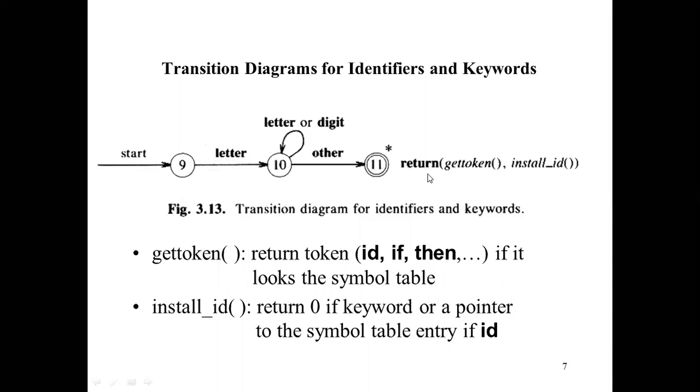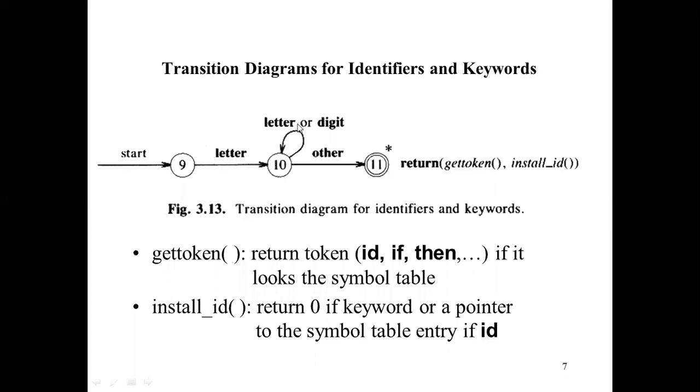In the same way we will write return get token, comma, install ID, that is the identifier. This is the way to indicate for which we are going to draw the transition diagram, for the identifier and keyword. So in this way, we will draw the transition diagram for identifier and keywords.